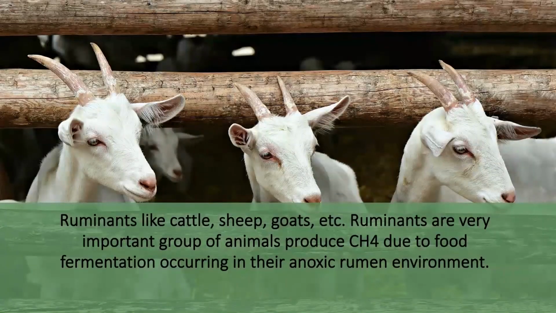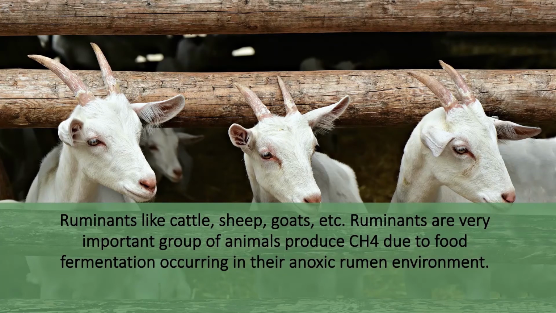And as far as the ruminants are concerned, I told you that the cattle, the buffalo, the sheep and goats are basically the ruminants. Ruminants are a very important group of animals, because they are important for livelihood and for providing food and nutrition security.